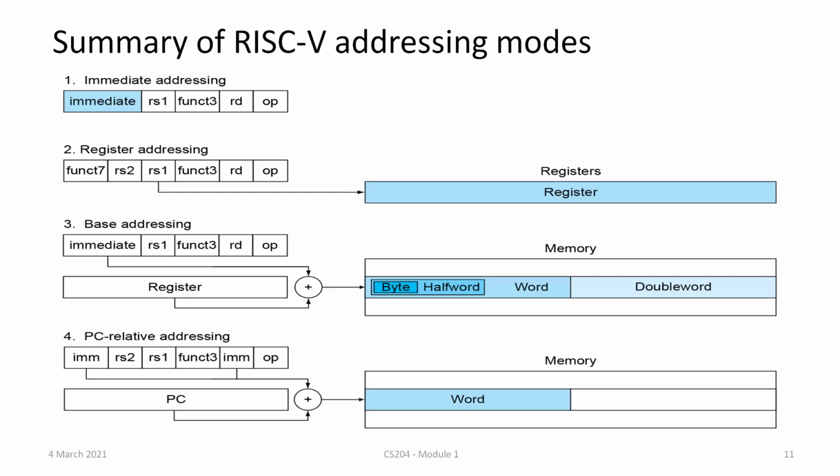And here you can already correlate that many of the immediate instructions, ADDI for example, fall into this category. Now when we look at the register addressing, it has 2 register operands as source and 1 register operand as destination.